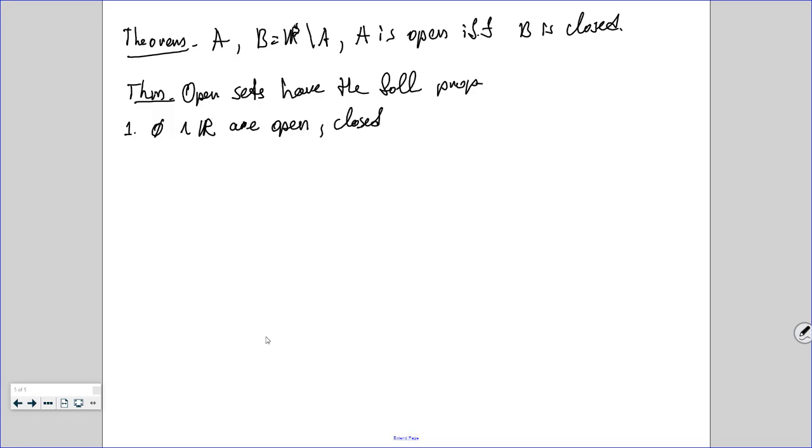Those are the only sets that are both open and closed. Any intersection of a finite number of open sets is open.